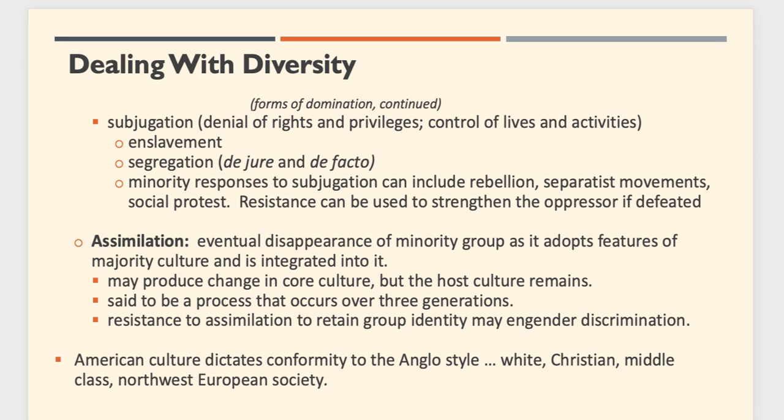And again, a discussion for later in the semester. But assimilation is perhaps the way that a lot of people think that America handles minority relationships. The concept of assimilation to those individuals becomes that we welcome people from foreign countries, but they need to become American.